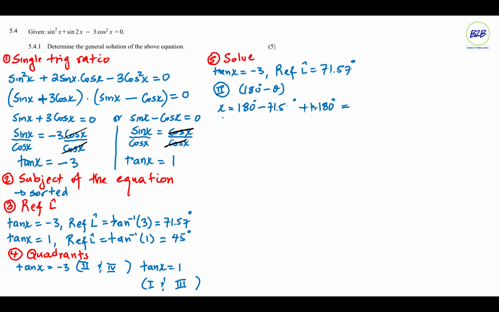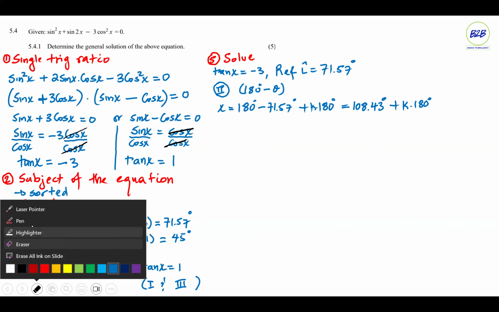I am a human being. 71,57. And then to say 180 degrees minus 71,57, we're going to get 108,43 degrees plus k times 180 degrees, right?